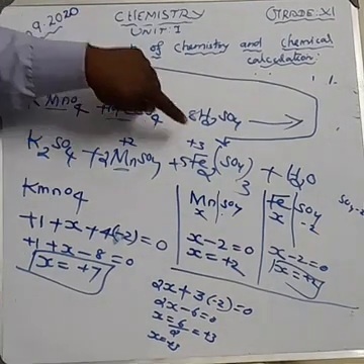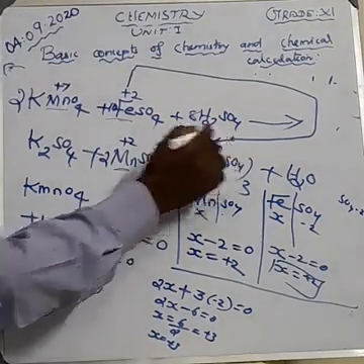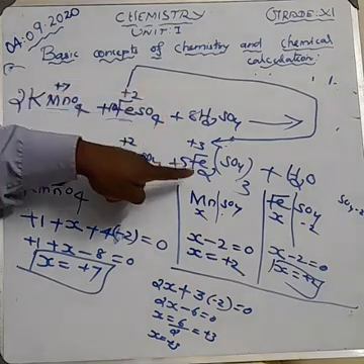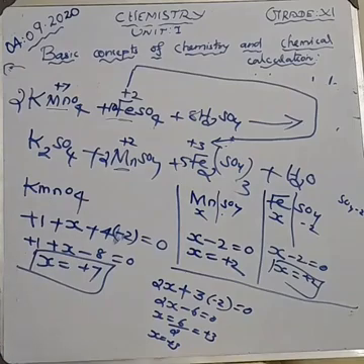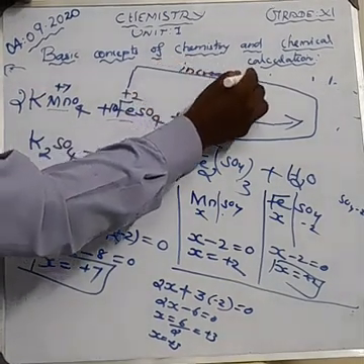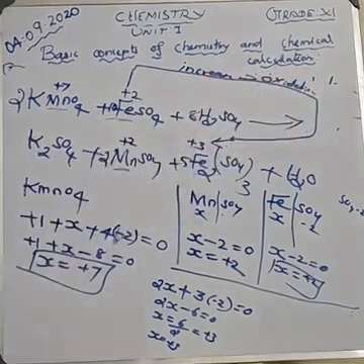Ferrous sulfate plus 2 is changed into ferric sulfate, that is plus 3. Increase or decrease? Increase. So it is called oxidation.